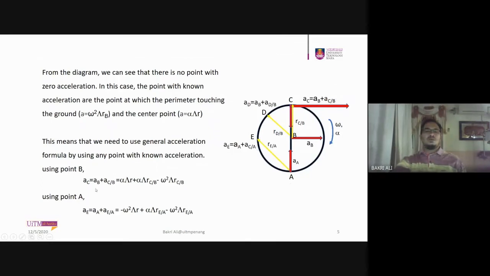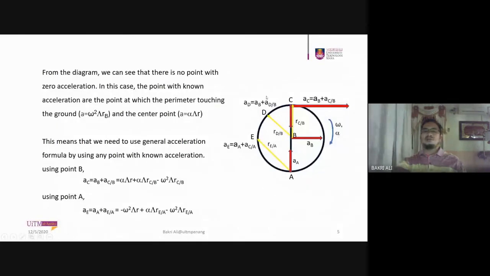So let's say we want to find the acceleration of point C. We can use point B as a reference, using the general acceleration equation: AC equals AB plus AC relative to B. And AB we know is given by alpha cross R, whereby R is the radius of B starting from the bottom, meaning in the positive J. In this case, if it is rolling to the right, then alpha is negative.